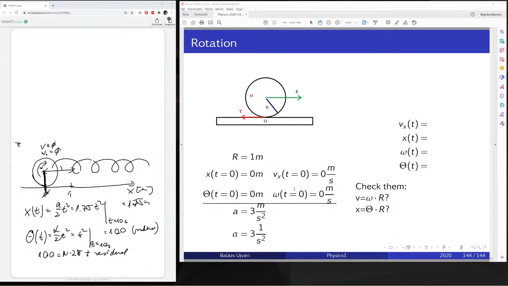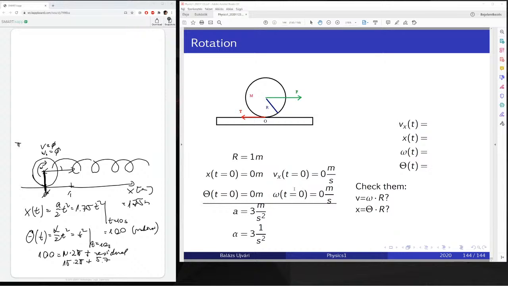If you divide 100 by 6.28, that will be 15 full rotations, because 15 full rotations is 94.25. The rest is 5.7, but we should express it by pi.